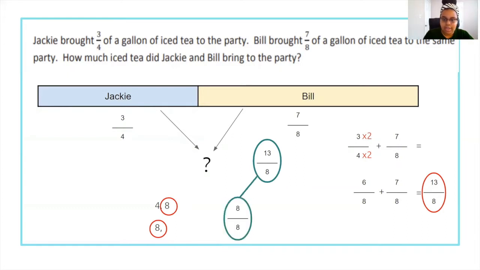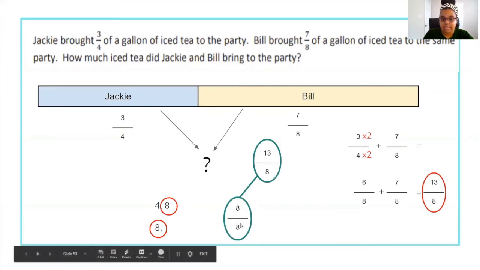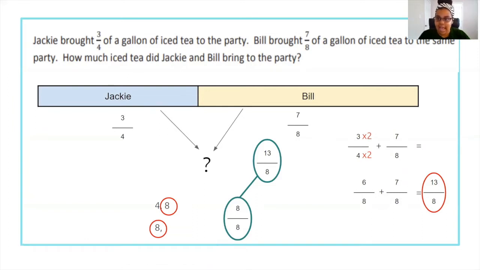So to do that, I know that in 13/8, there is one whole, and that's 8/8. So 8/8, that part makes up one whole. So I took out one whole from that 13/8. And that leaves how many eighths would be left?